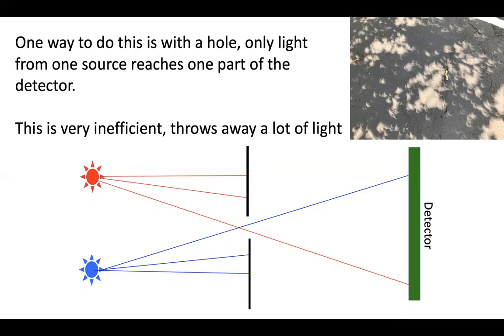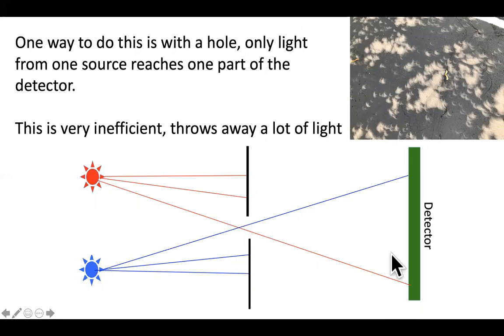This is the basis of what are called pinhole cameras. And this works. For those of you who were around during the eclipse, if you looked at the shadow of trees on the ground, you would see images of the sun, which during the eclipse look like little crescents. So this works, but it's highly inefficient.